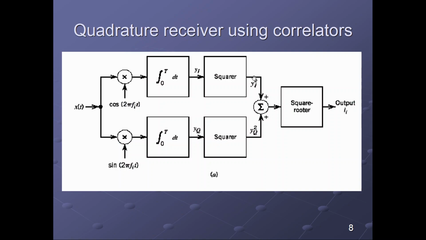How do you implement the quadrature receiver using correlators? You take the data you received and multiply it by cosine. I don't know the phase; the most important thing is the cosine of a frequency. And you take the same data and multiply it by sine, then pass it through an integrator, so this becomes a dot product, and this also becomes a dot product.